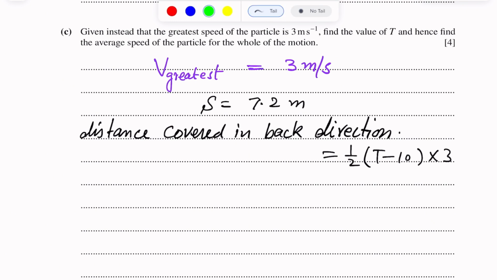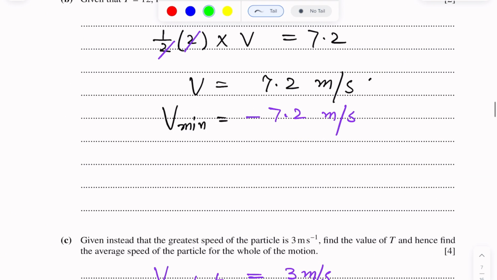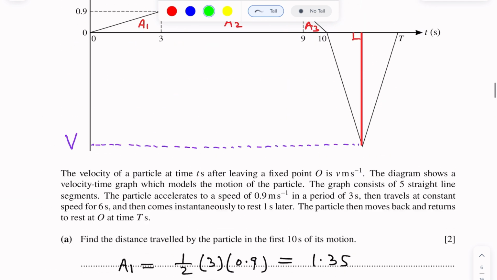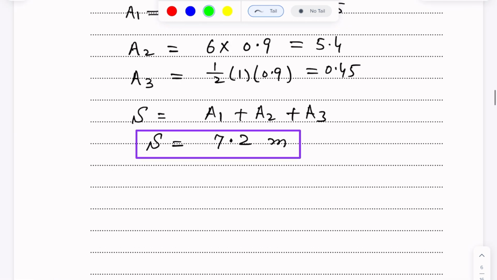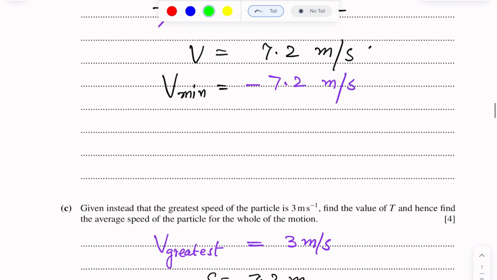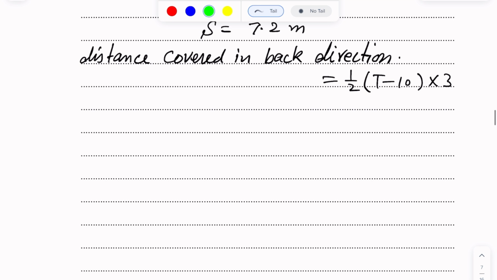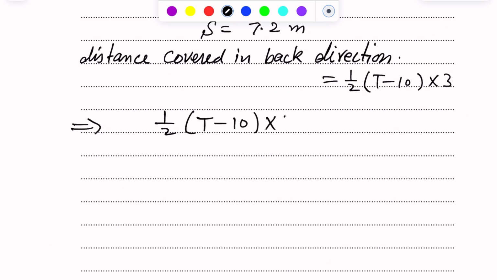Now this distance is the same as the distance covered that is represented by the diagram that lies above the x-axis. So the distance is the same, 7.2. So we can write that 1 over 2 into (t minus 10) into 3 is equal to 7.2.